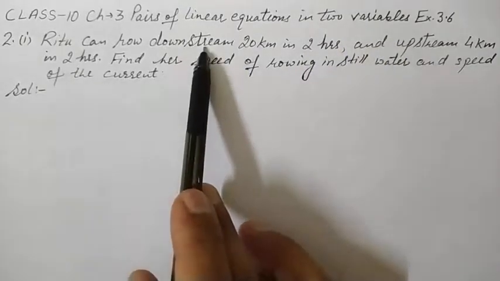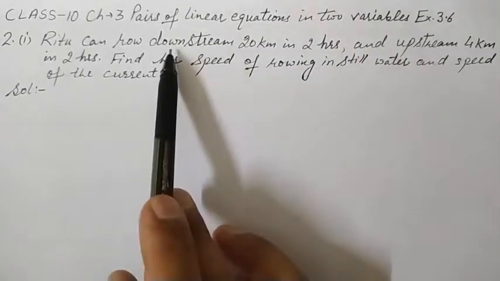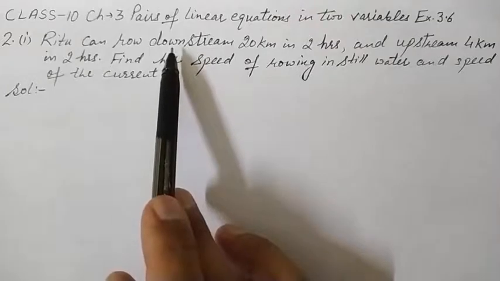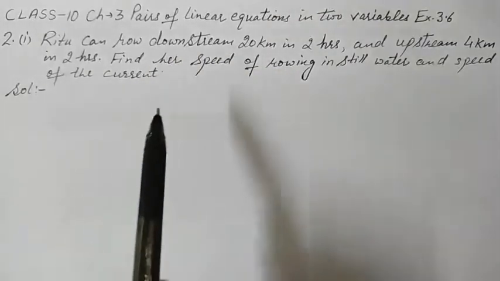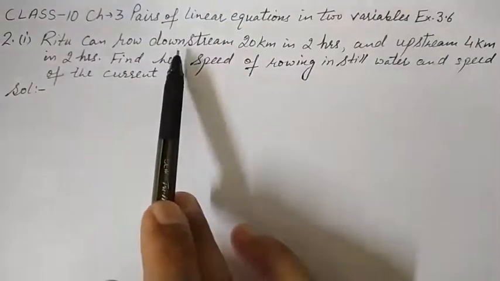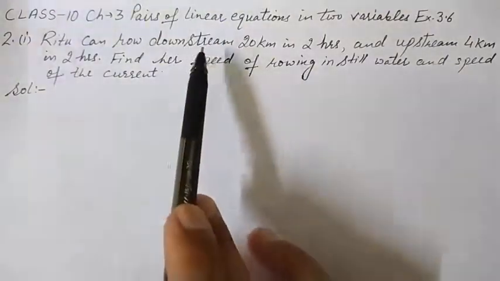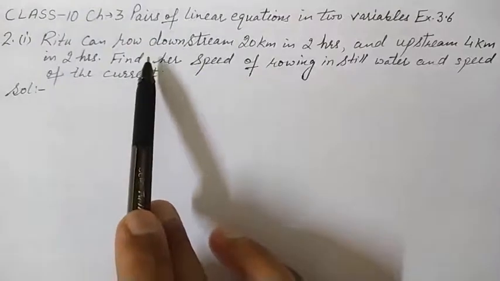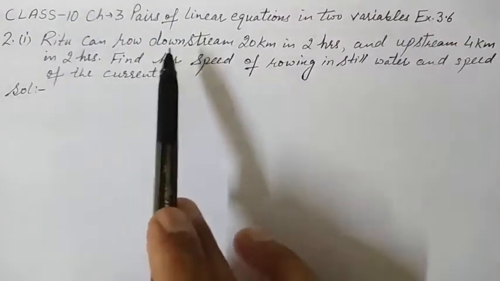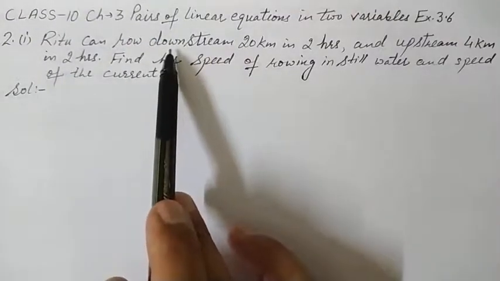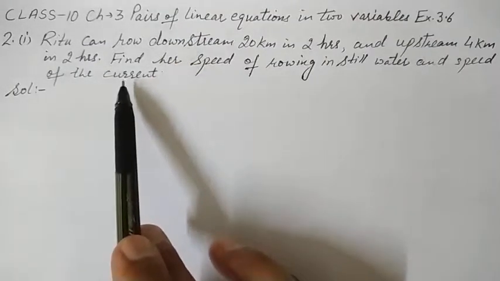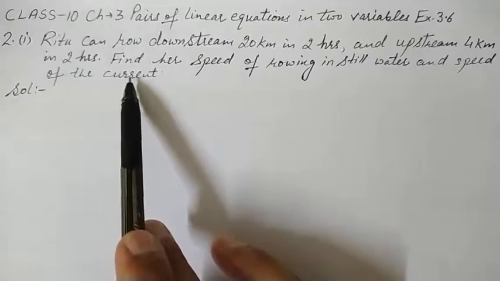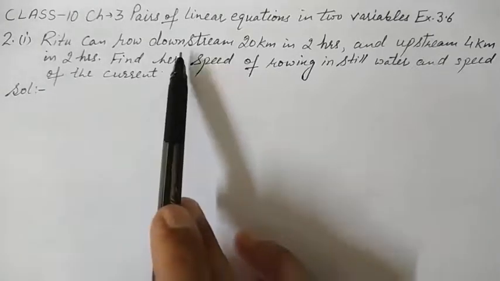In downstream, the speed of the boat and the speed of the current, that is water, get added. So net speed is increased automatically, because both the speed of the boat in still water and the speed of the water are added.